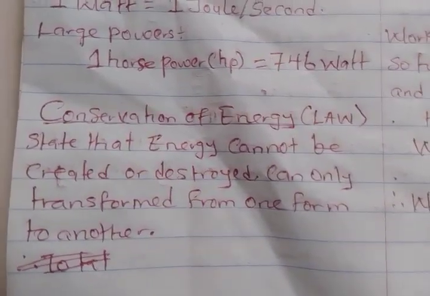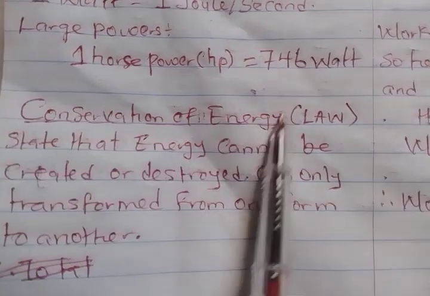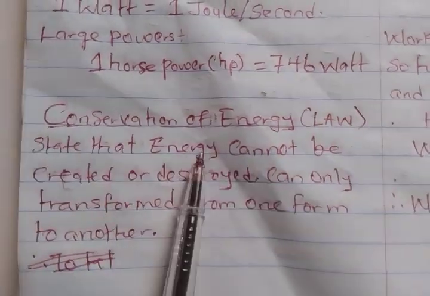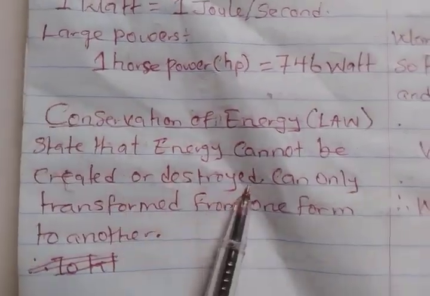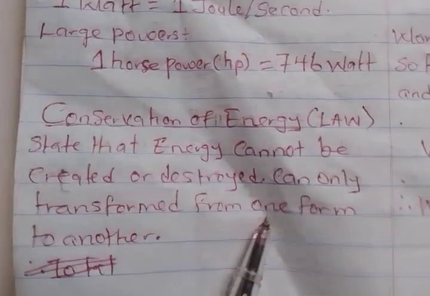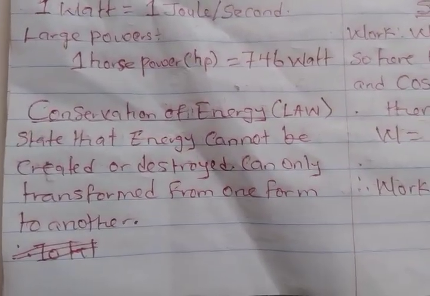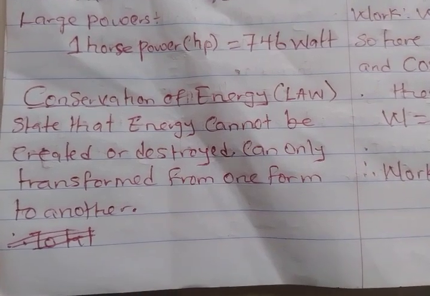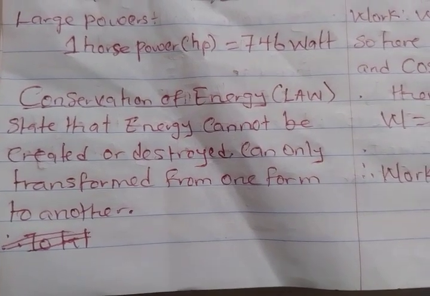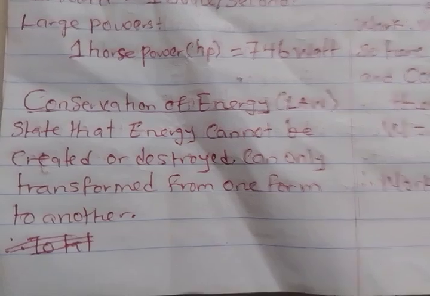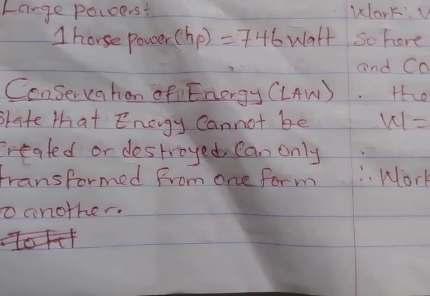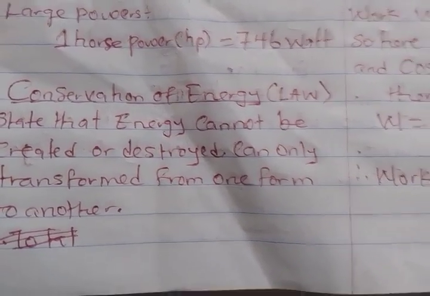From there we talk about the law of conservation of energy, which says that energy cannot be created nor destroyed, but can be transformed from one form to another. We can easily see examples because they are very common around us. An electric iron plugged in converts electrical energy into thermal or heat energy.